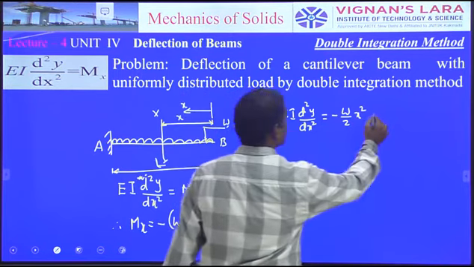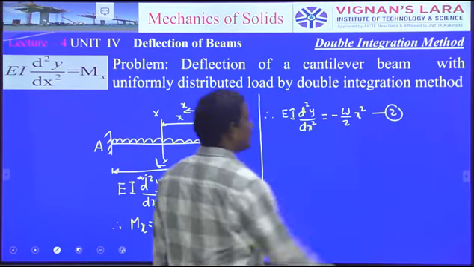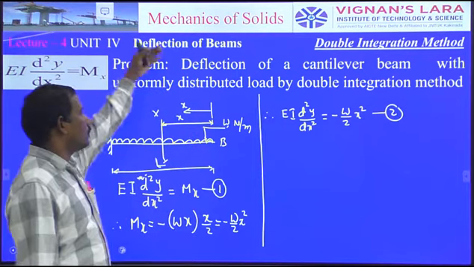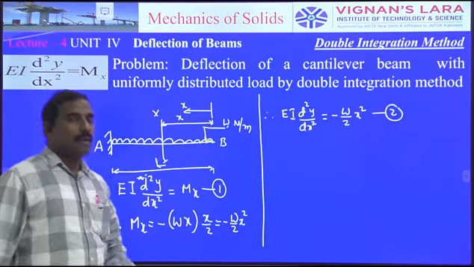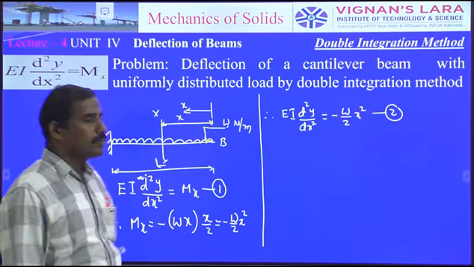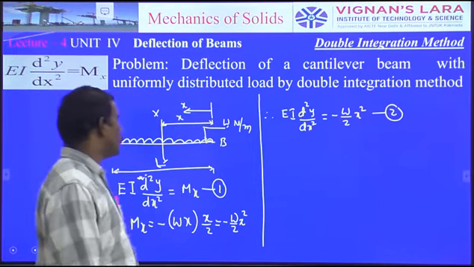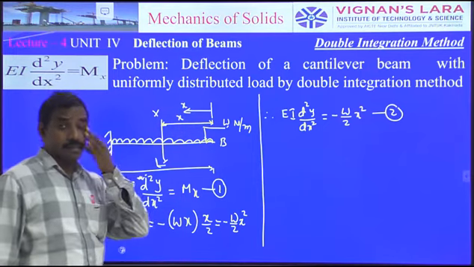Say this is equation number 2. This is the generalized equation for a beam subjected to a uniformly distributed load over the entire length.